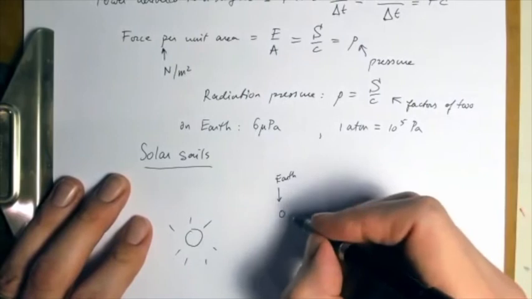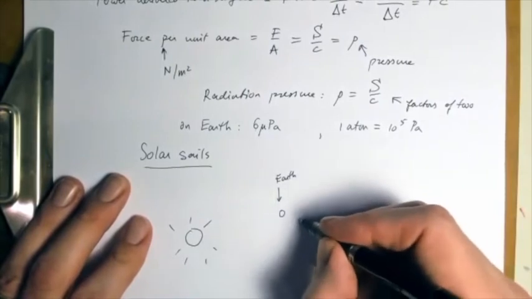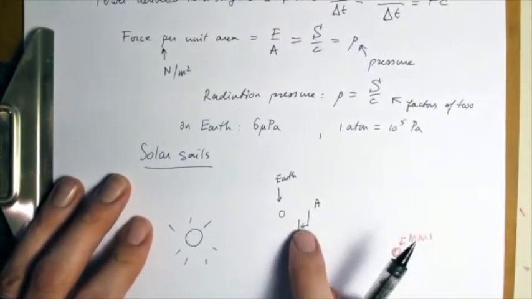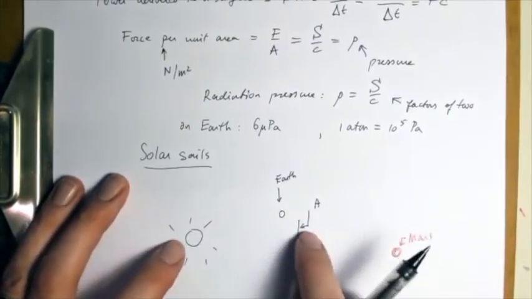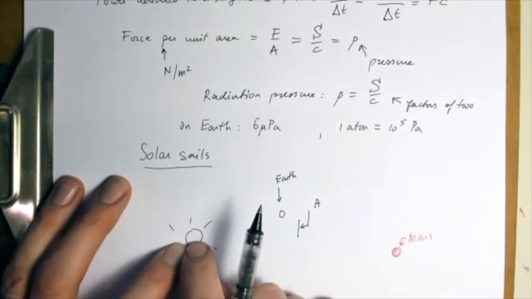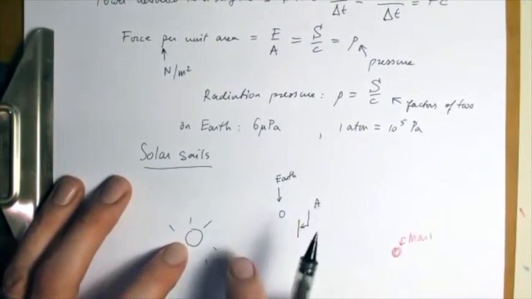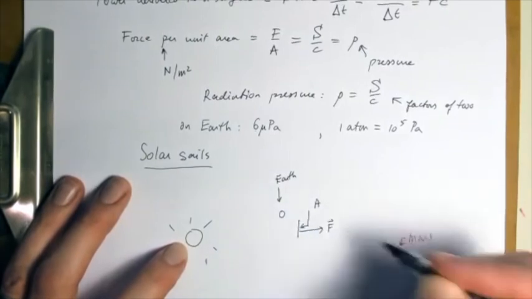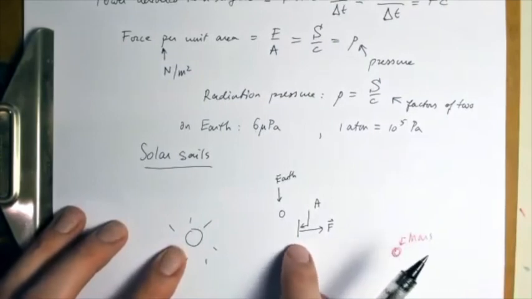Now, what you can do is launch a spacecraft that has a really big surface area A. And this thing, if you point it right, is going to feel a pressure due to the solar radiation falling on it, which means that it's going to feel a force in this direction. And therefore, it's going to move from here to there.